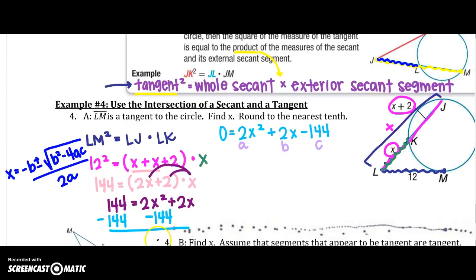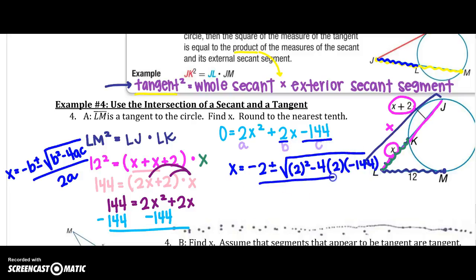Alright, so I'm just going to fill in the blanks. X equals negative b plus or minus square root b squared minus 4ac, which is negative 144, all over 2a.